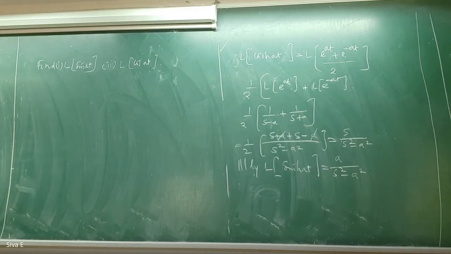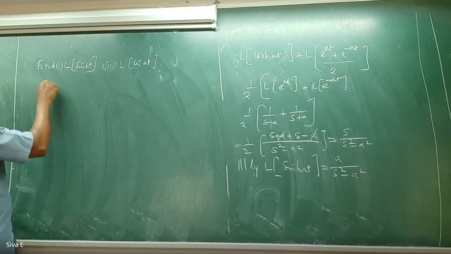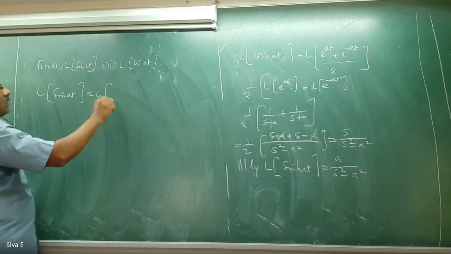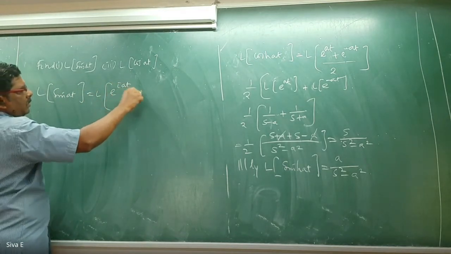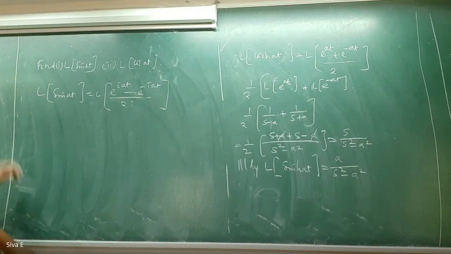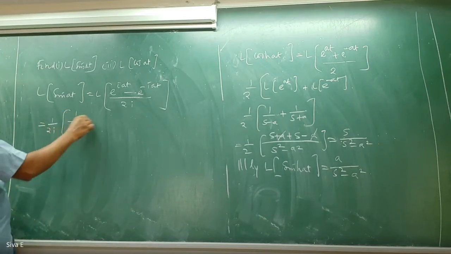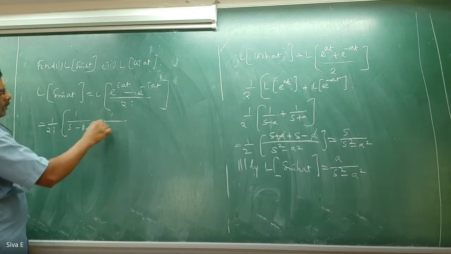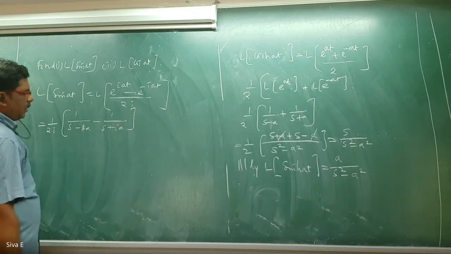How to find the Laplace transform of sin at? The Laplace transform of sin at is equal to the Laplace transform of (e power iat minus e power minus iat) by 2i. That is equal to 1 by 2i times (1 by s minus ia minus 1 by s plus ia).